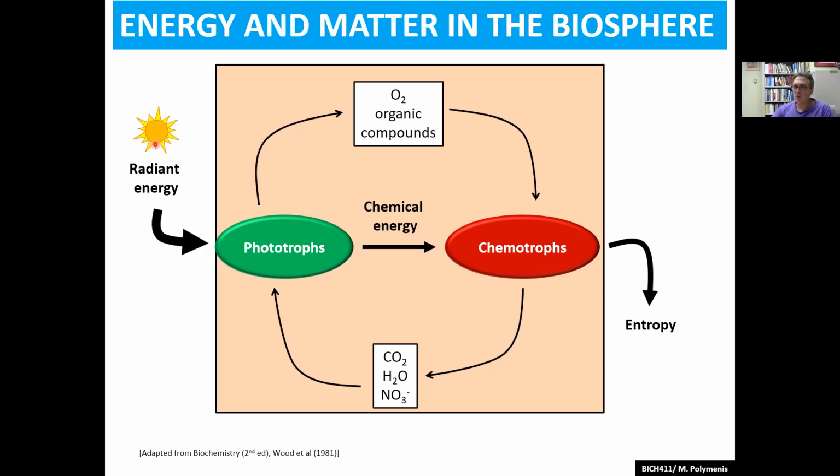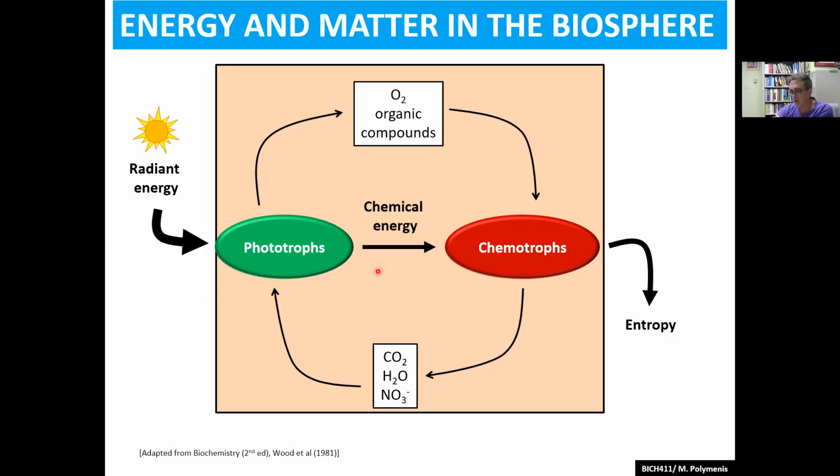But for that to happen, somebody has to capture that energy from the sun. And that someone is, of course, the green things on here, the phototrophs that can synthesize their food essentially from light. That's what a phototroph means. And in doing so, they make a lot of themselves, which is made of organic compounds, and that can then serve as food for organisms like us, which eat them, and we eat others that eat phototrophs.